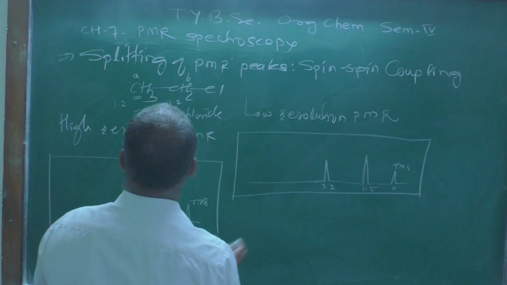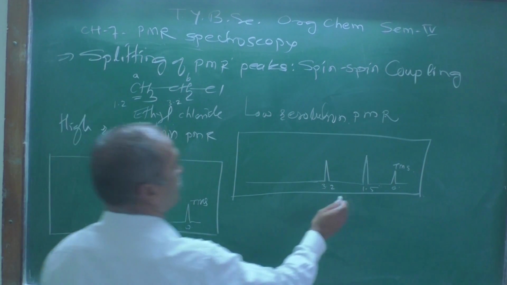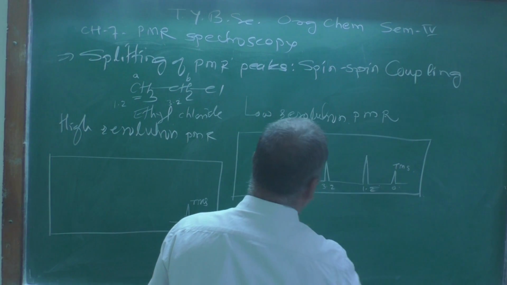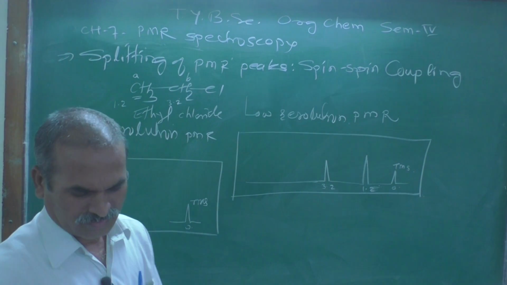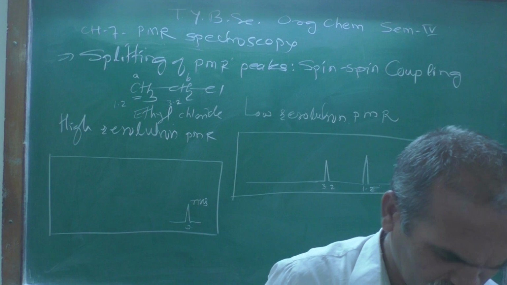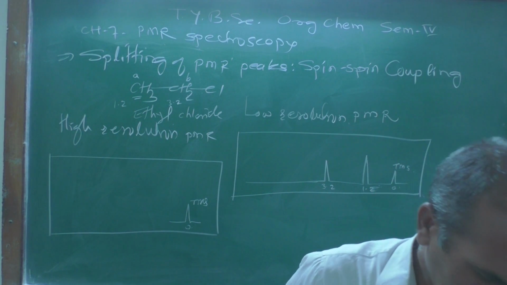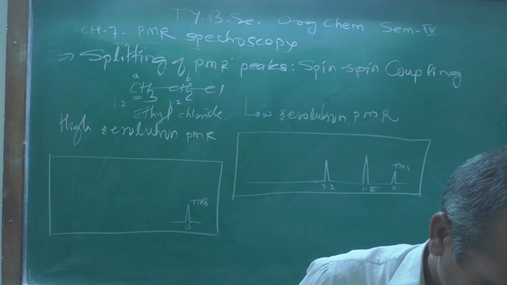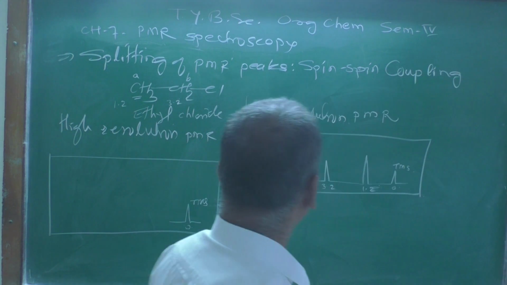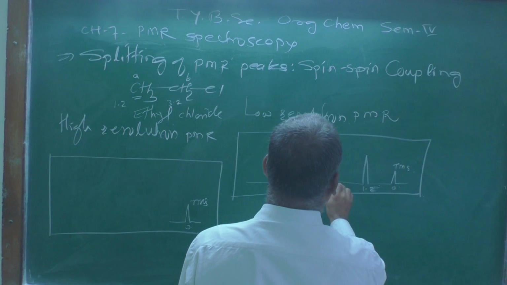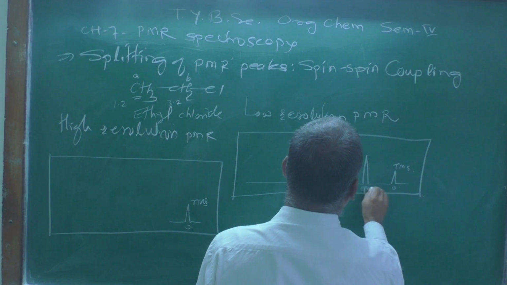Now the approximate values will be, I think, 3.4 and 1.8. Here 3.4 and here 1.8 is given.